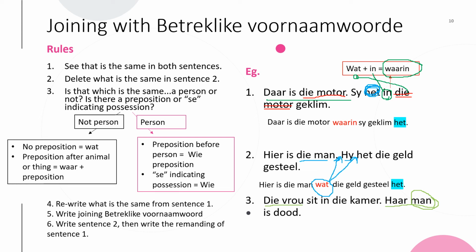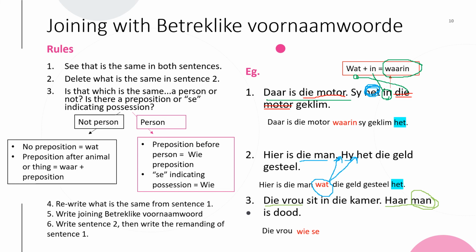Haar man indicates her husband, which means it indicates possession. So now we're going to have to add our se. Let's write the points of similarity: die vrou. Because we are talking about a person and possession, we have to join with wie se. Die vrou, wie se.